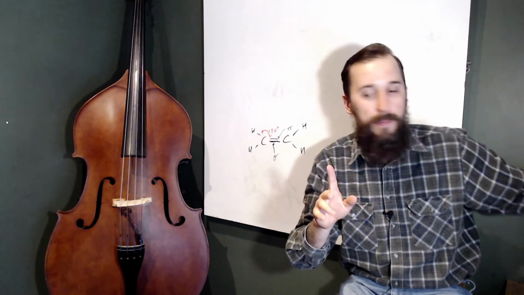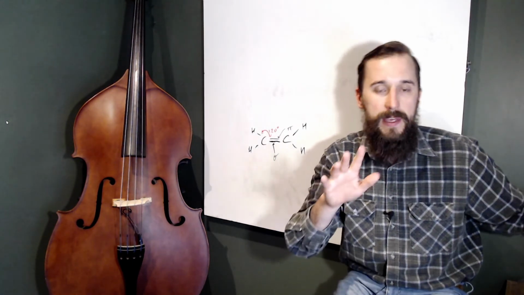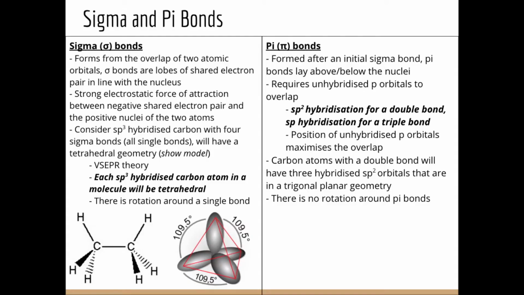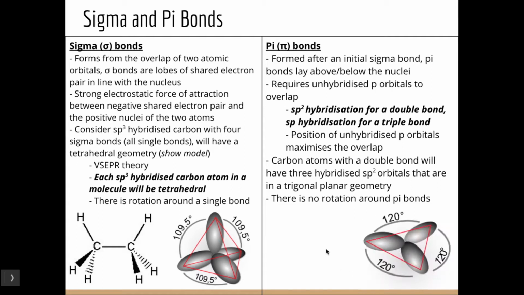And this is a really important property for something which we're about to look at in just a moment, called stereoisomerism. So we've got rotation in sigma bonds, no rotation around pi bonds. So if we show this in two dimensions, we don't have to do dashes or wedges because it's trigonal planar. These are all on the same plane, so we can just represent the geometry like that.